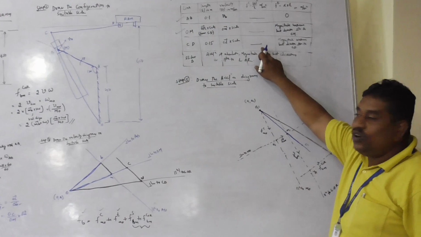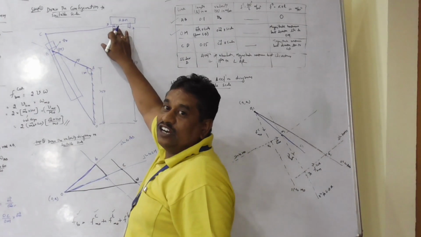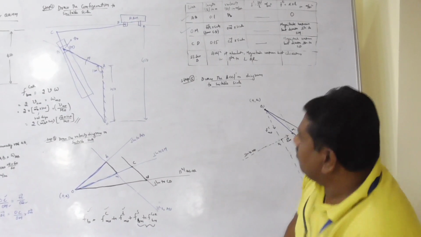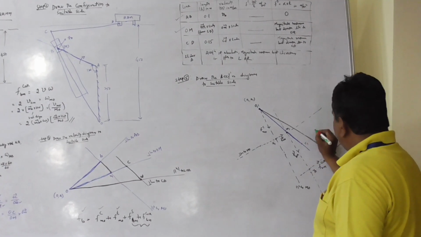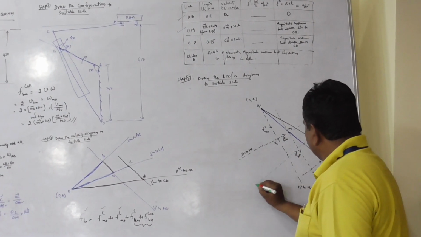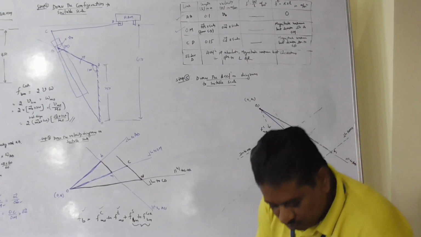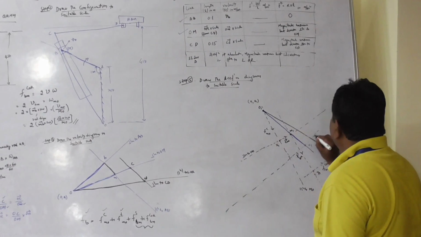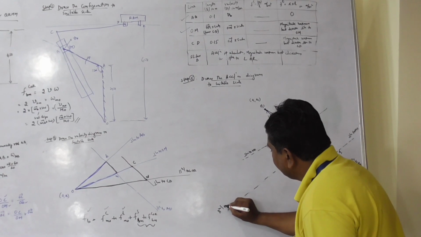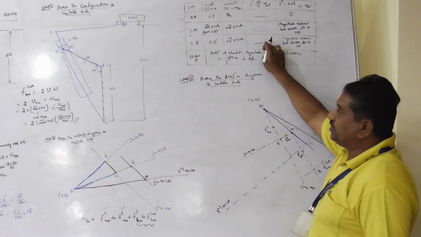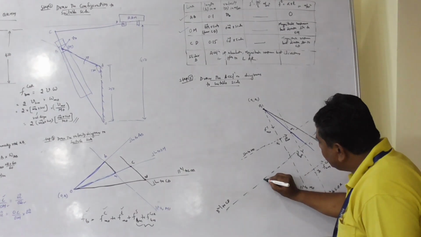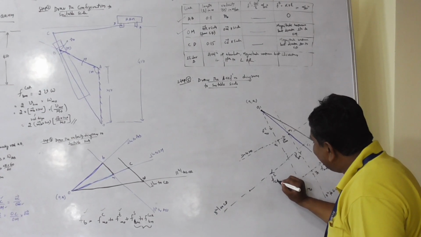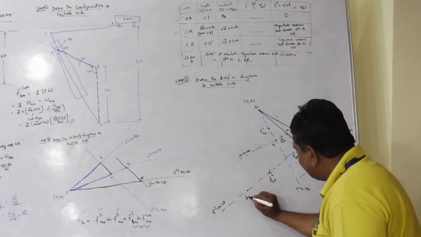Centripetal component magnitude is known, direction is parallel and towards C. Therefore, through C1, draw a line parallel to CD, and with this magnitude of centripetal component from C1 measure the distance. This is centripetal component of CD. Let this be point Z1.